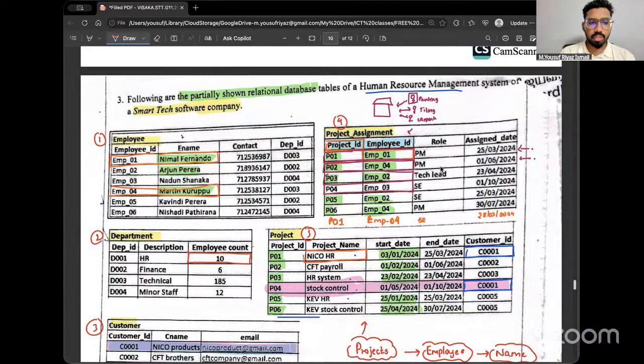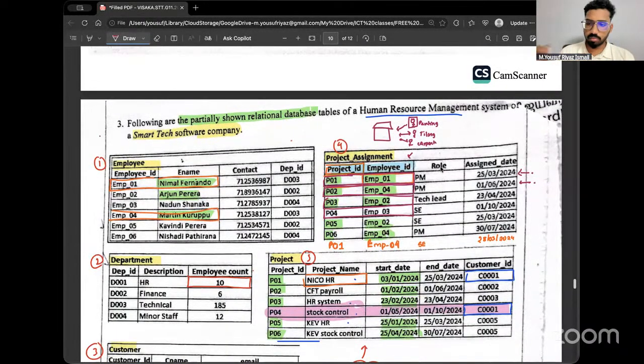What is the name of the girl whose employee ID is employee 5? What's the answer? Kavindi. Now, earlier I used the word person, and now I use the word girl.